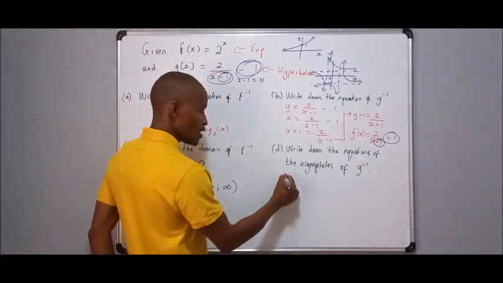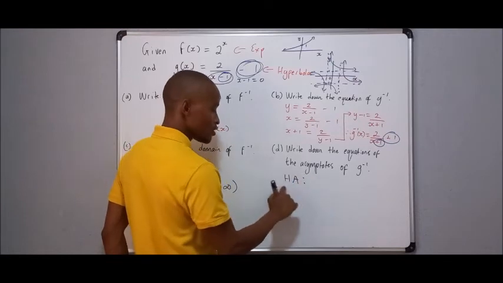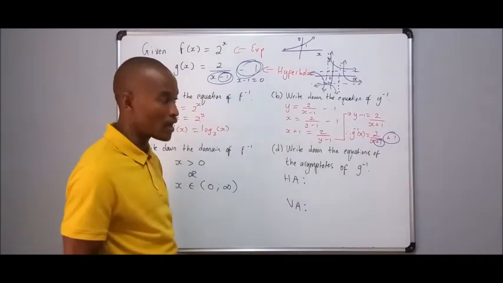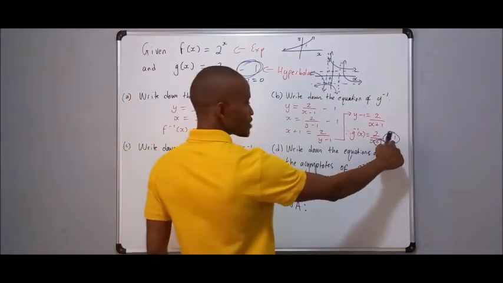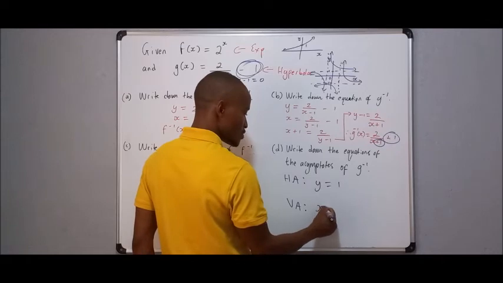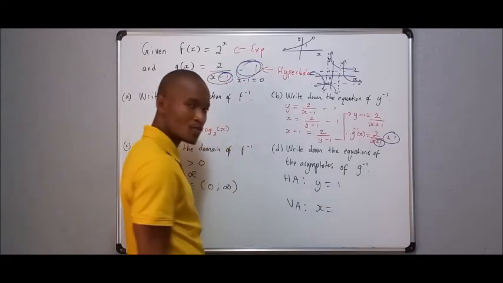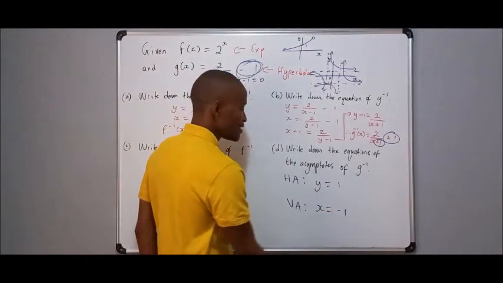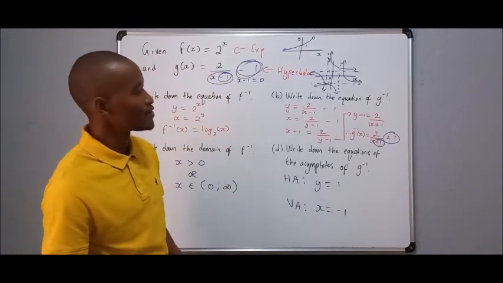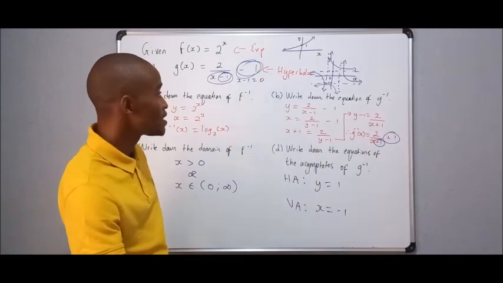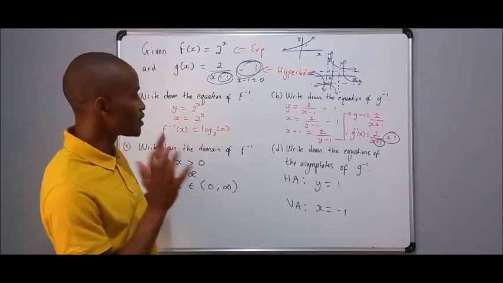So I'm going to use HA to mean horizontal asymptote and VA to mean vertical asymptote. The horizontal asymptote is a positive 1, so it's y equal to 1, and this one is y equal to negative 1.